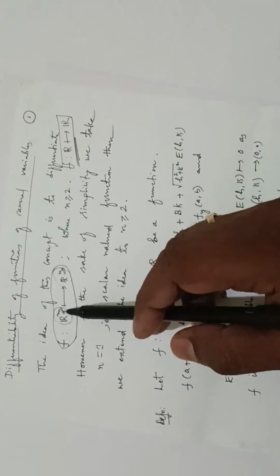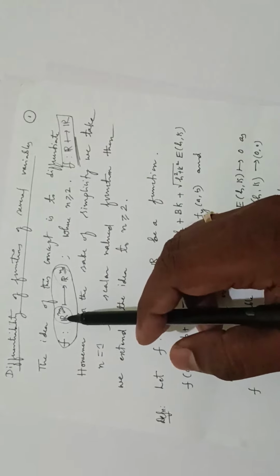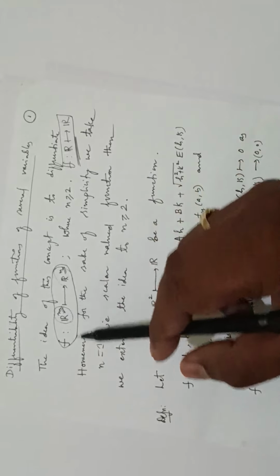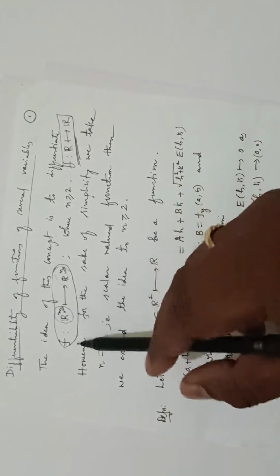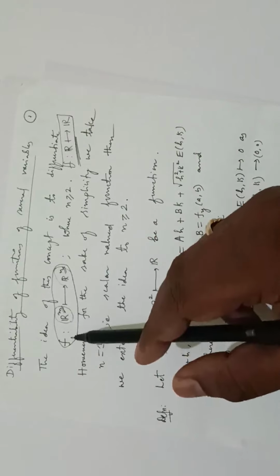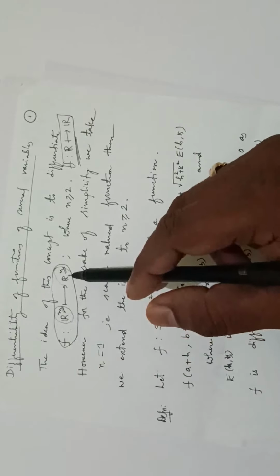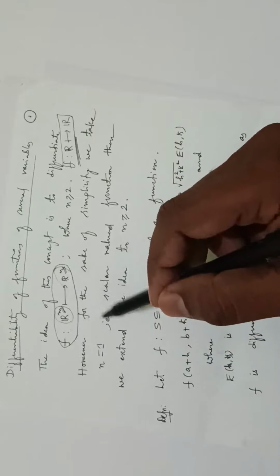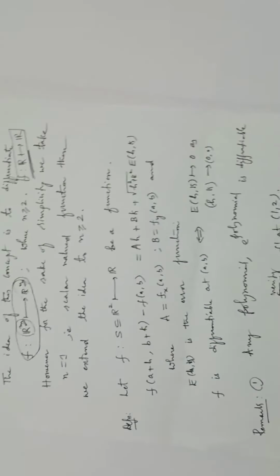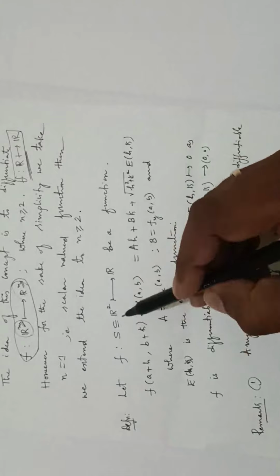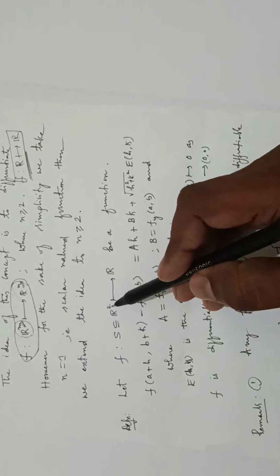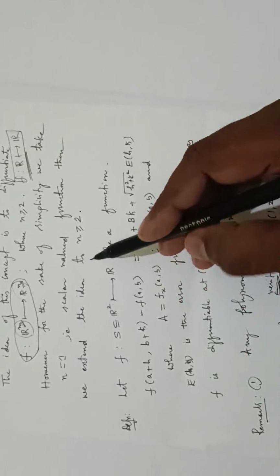Later on, we can extend the same idea to functions of more than 2 variables, which is a vector valued function. That can be thought of once you have the idea of the scalar valued function, in the sense you take n equals 1, then we try to visualize the things, we can extend the same idea. So here, as I said, I am considering m equals 2 and n equals 1.